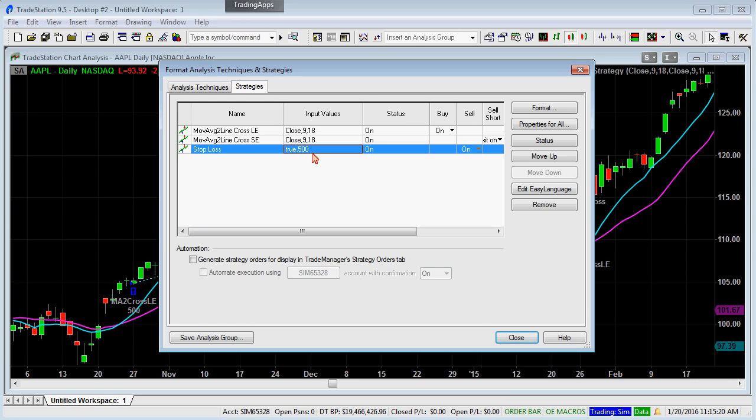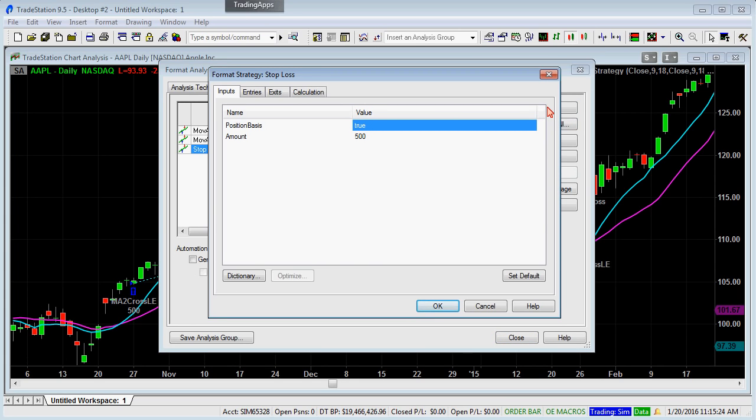How do we monitor our stop loss here? Well, let's go ahead and click on Format. And I'm going to highlight the amount. And TradeStation offers this functionality called Optimize, which will allow you to run through a series of different tests to identify the optimal parameters for this backtest.